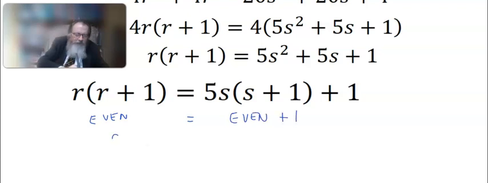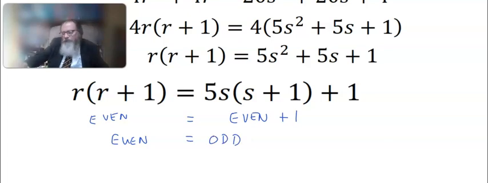The idea that the square root of 5 is rational implies that an even number should be equal to an odd one. And so we prove by the use of an even-odd contradiction that the square root of 5 is irrational.